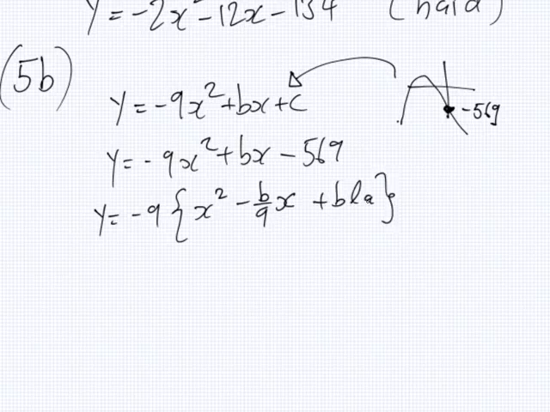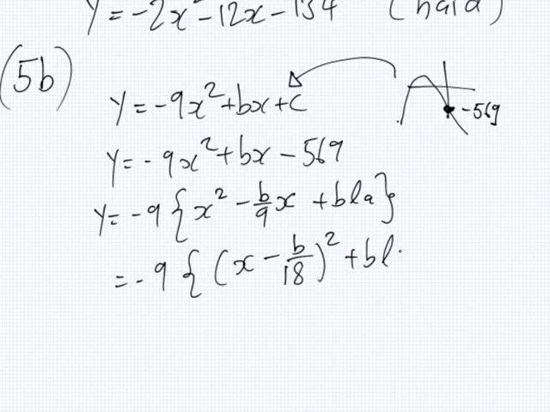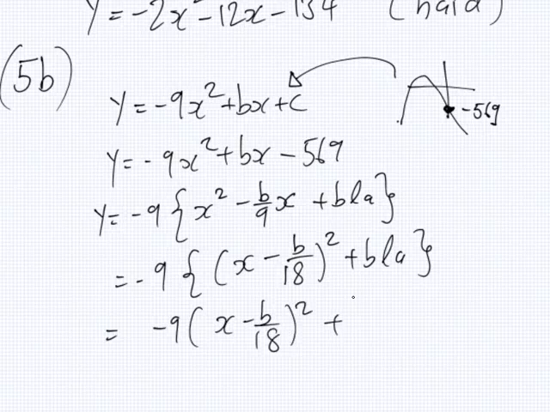I don't care what that is. That equals minus 9 times x minus b over 18 squared plus blah blah blah. And the minimum happens when x equals 8.